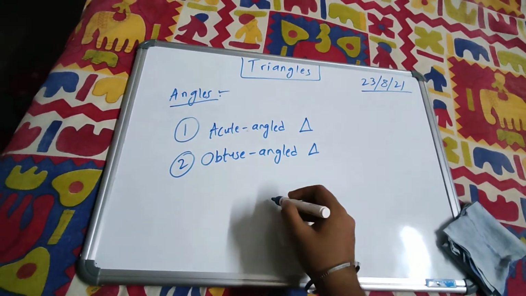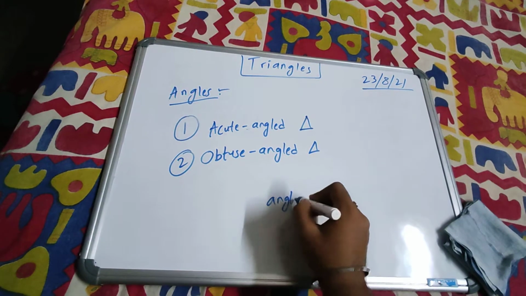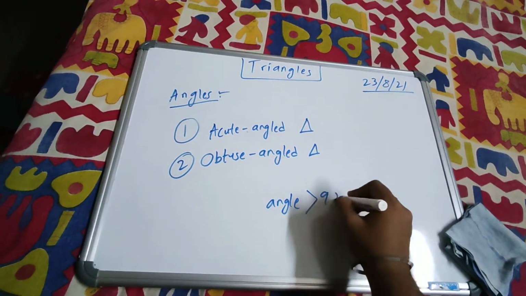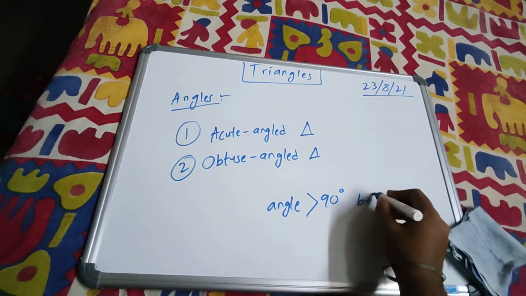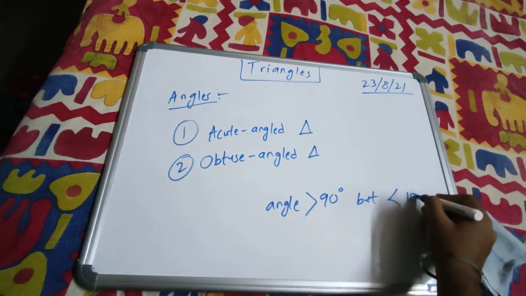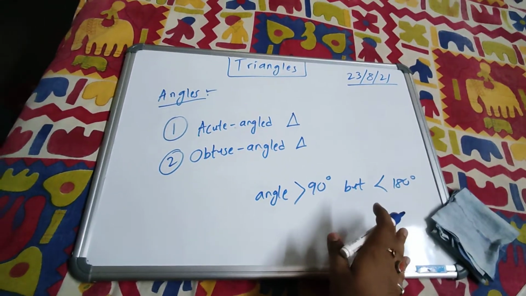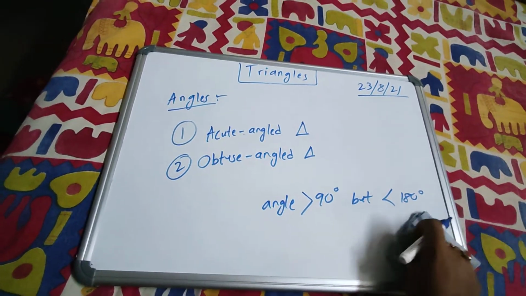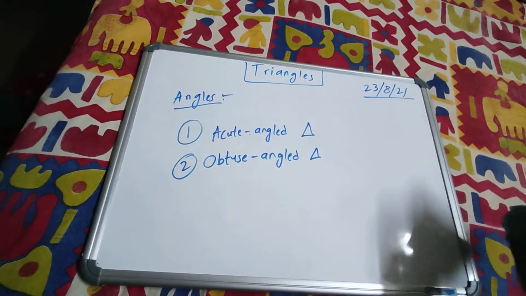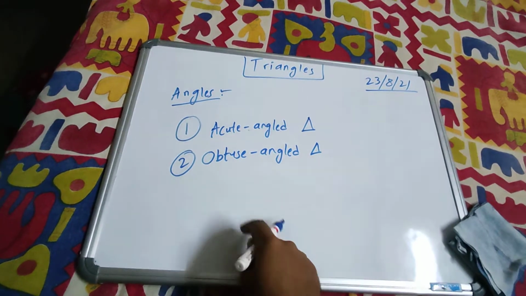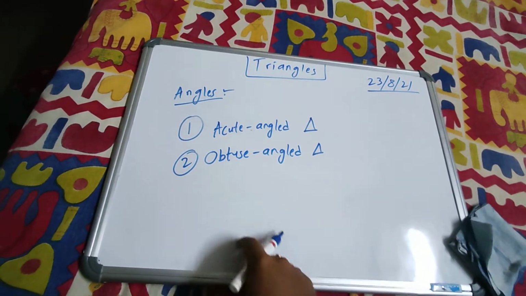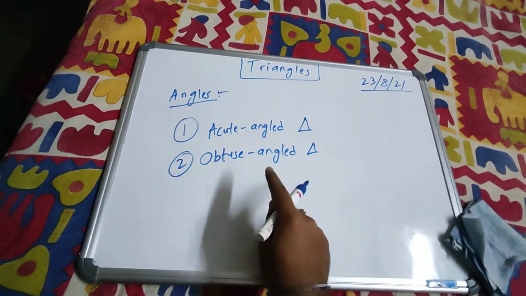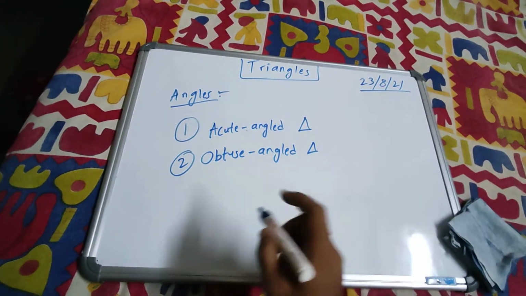Obtuse means an angle greater than 90 but less than 180. Let's see this kind of triangle. Only one angle will be obtuse. In acute, you remember that all three angles were acute, but in obtuse only one angle needs to be obtuse.